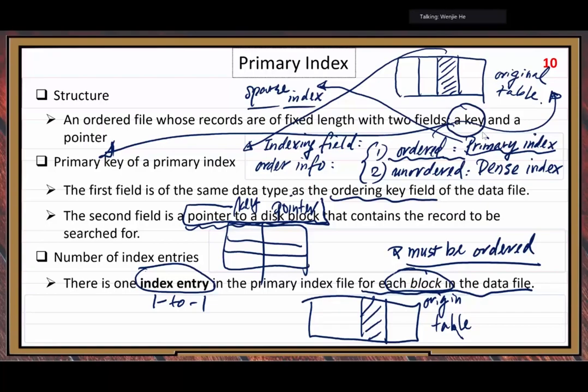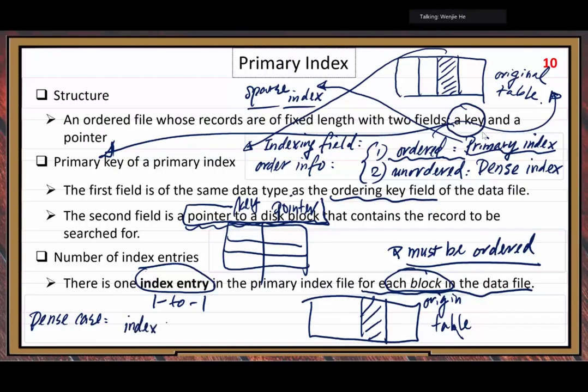So from this one-to-one correspondence, it is sparse. It is not dense. Why is it sparse, not dense? So what is the dense case? Let me explain the dense case. For the dense case, there is also one-to-one correspondence, but between what? One-to-one correspondence between index entry and row.